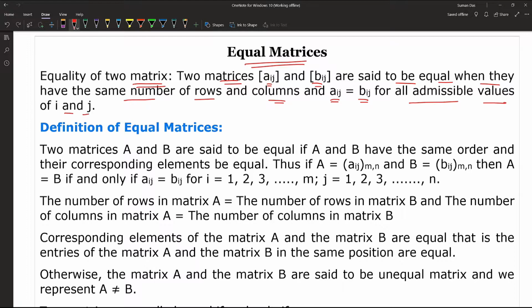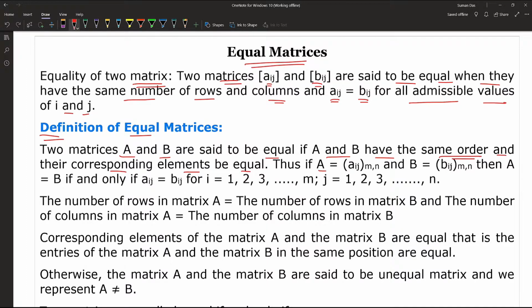So what is the definition of equal matrices? Two matrices A and B are said to be equal if, first condition, A and B have the same order, and their corresponding elements are equal.